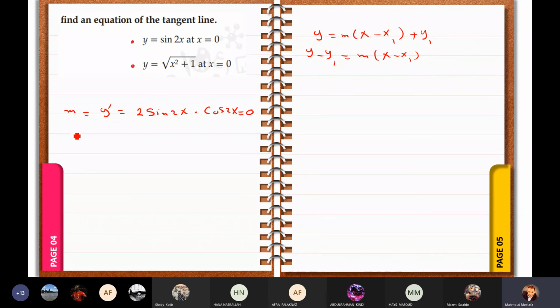Right? Y minus y1. Both x are 0. When x equals 0 here, y will be what? 0 also. Don't forget 0, x minus x1, so y equals 0.